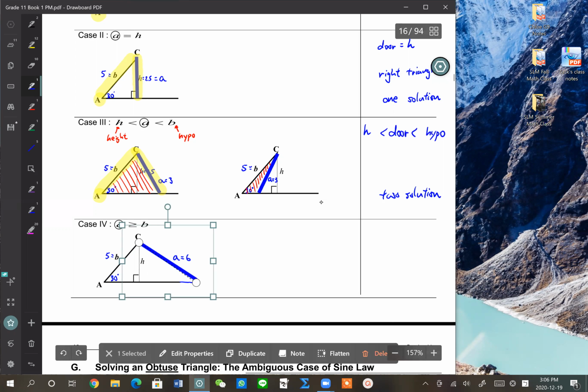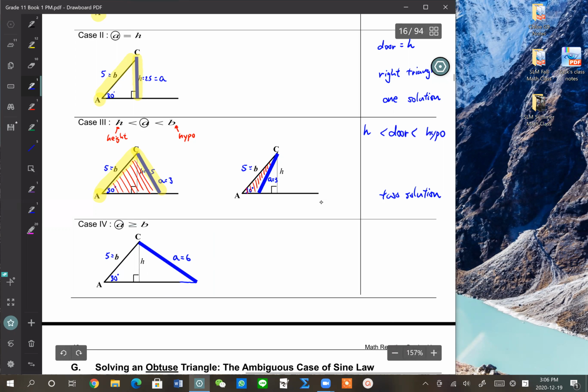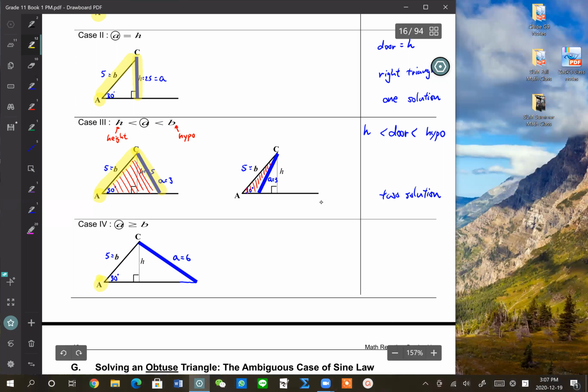Okay, so we have angle, side, side. So when the door is longer or equal to hypotenuse, then you get one solution.